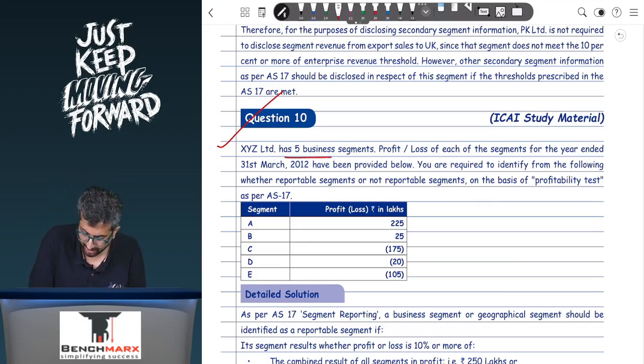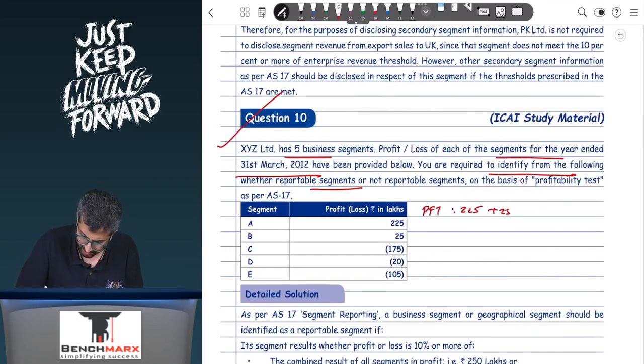XYZ has 5 business segments. P&L of the segments for the year ended 31st March 12 have been provided. You are required to identify from the following whether the segments are reportable or not based on the profitability test. So based on the profitability test, you will take the total profit, which is 225 plus 25, which comes to 250, and total losses, which is 175 plus 20 plus 105, which is probably equal to 300.